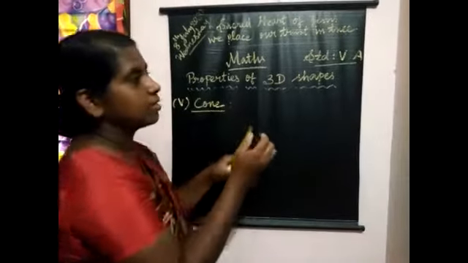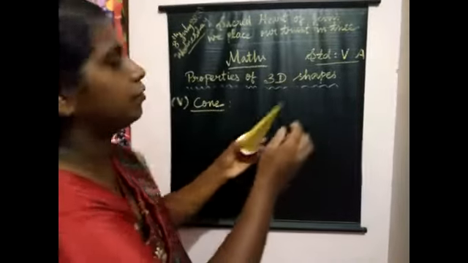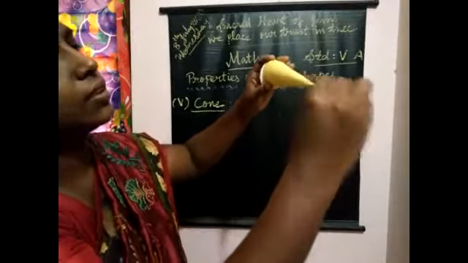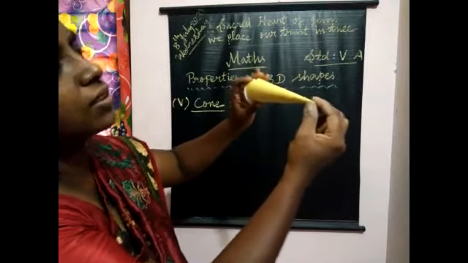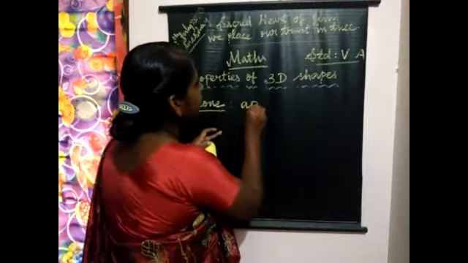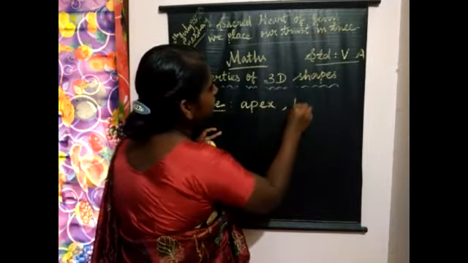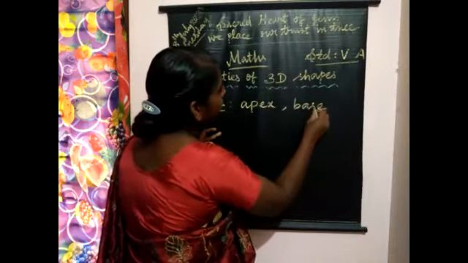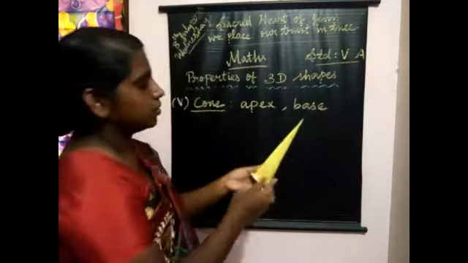So what are all the things that a cone has? A cone has one end with a point like this, and we can call this the apex. So a cone has an apex and a base, and the base is circular.